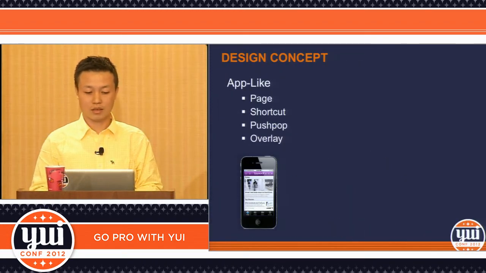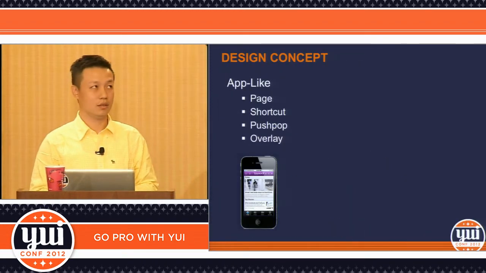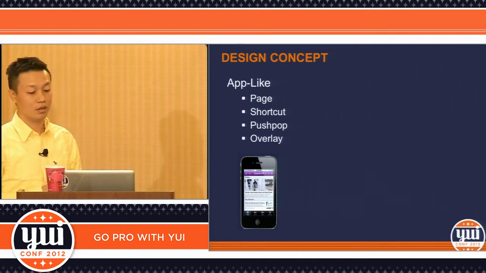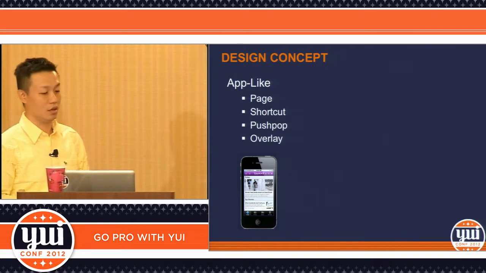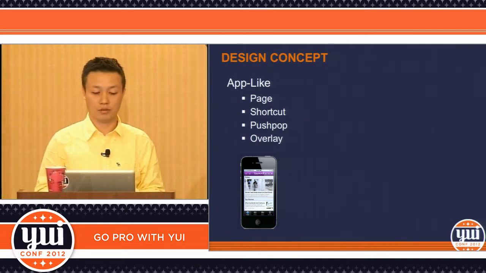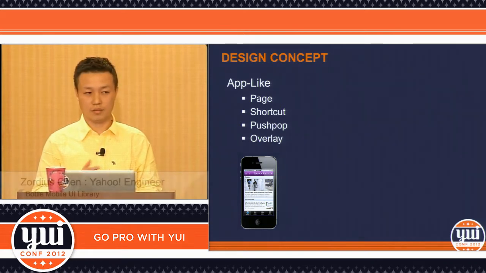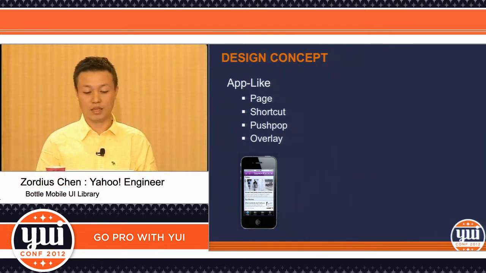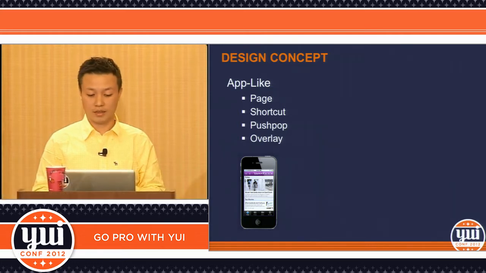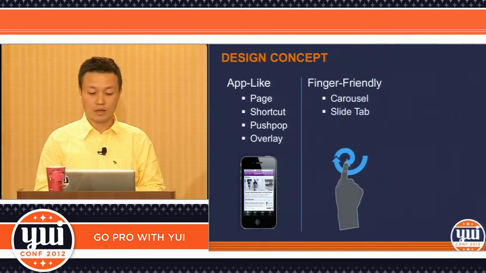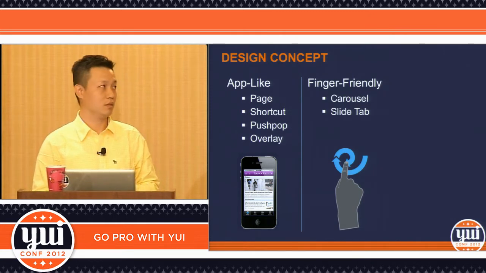So actually we have 9 UI components, and we can group them into 4 groups. The first one is to achieve the goal of providing an app-like user experience, just like a native app. So we have page, shortcut, push pop, and overlay widget. The second group is to provide a finger-friendly experience.